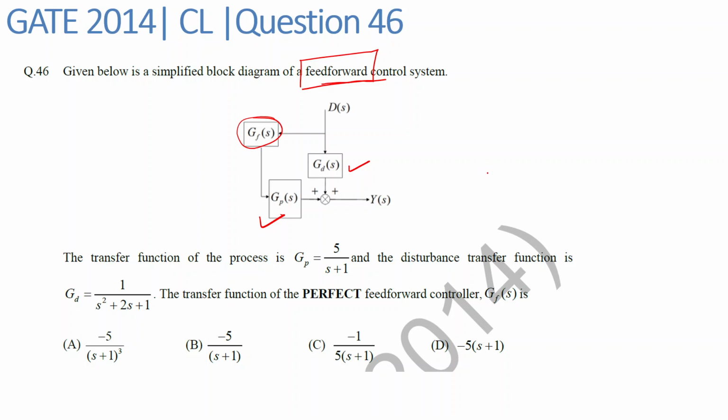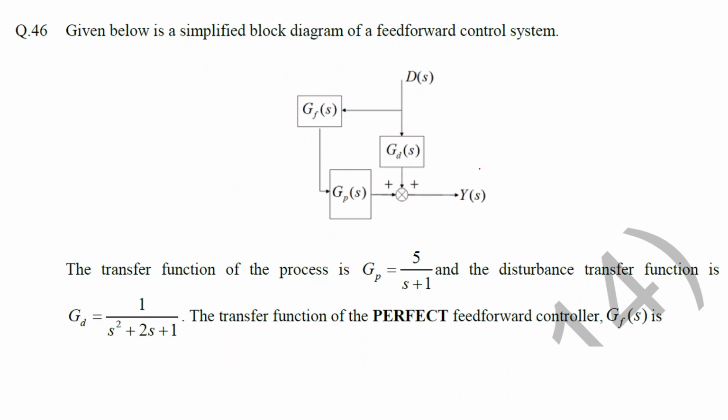So let's just write the output equation. For this feed forward control system, if you want to implement this perfect control, whatever the set point is, that should be achieved. That is basically the set point change should be 0.